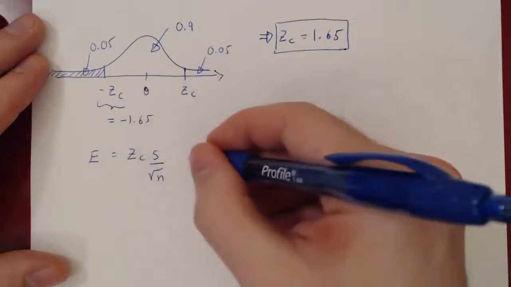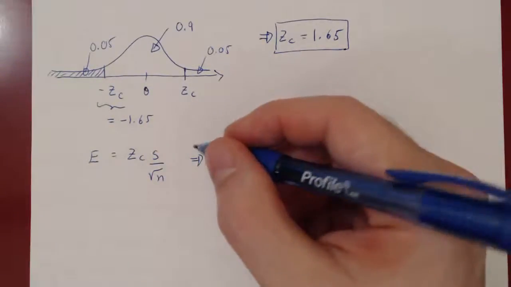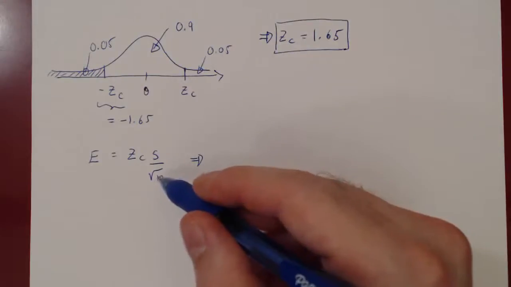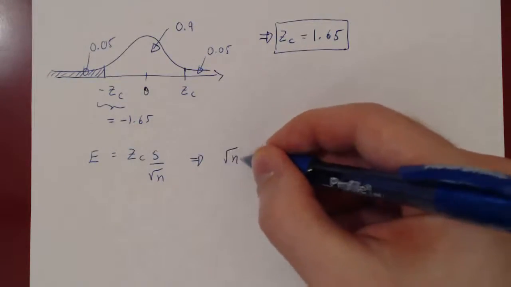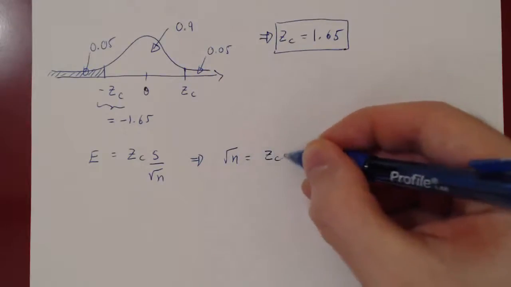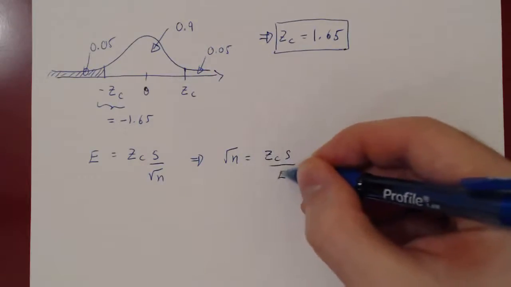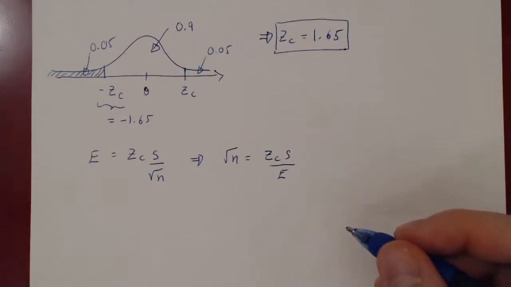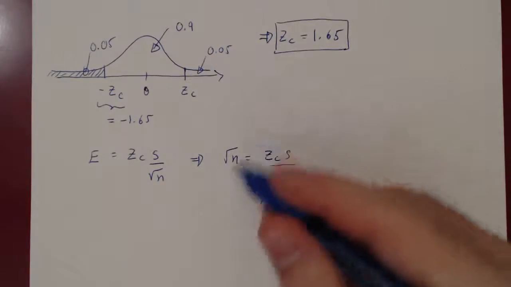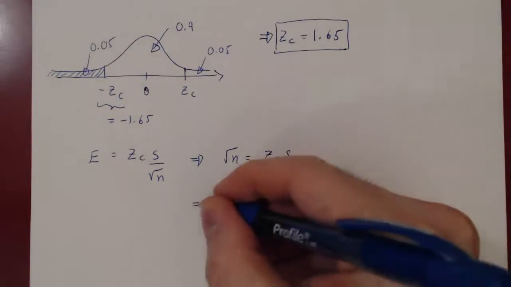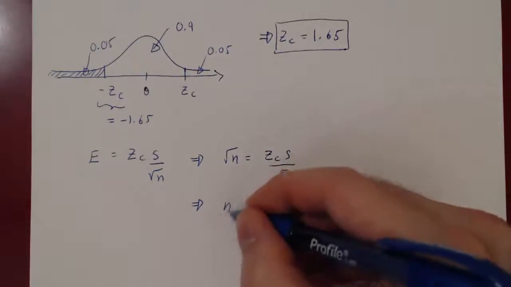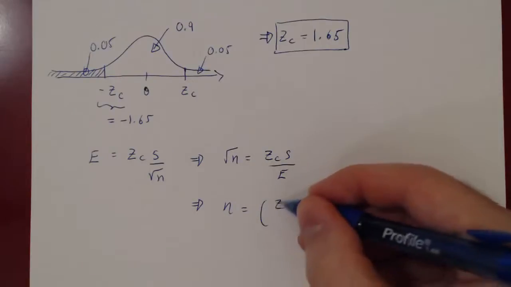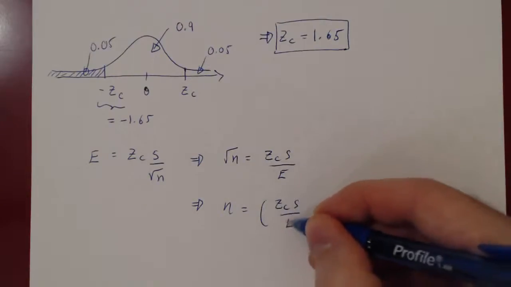To solve for root of n first, multiply by root of n up top, divide by E, and you'll have that root of n is the critical score times the deviation over the error. If you want to solve for n, square both sides. So squaring the root of n gives you back n equals the square of the z-score times s over the error. And now we can replace.